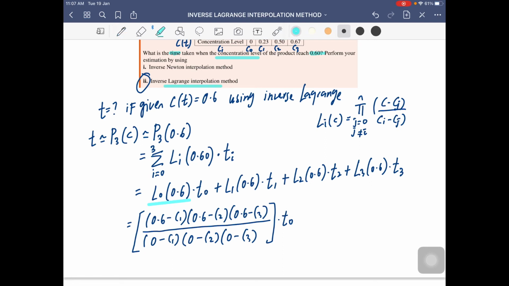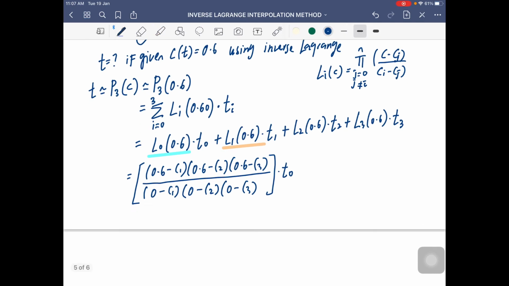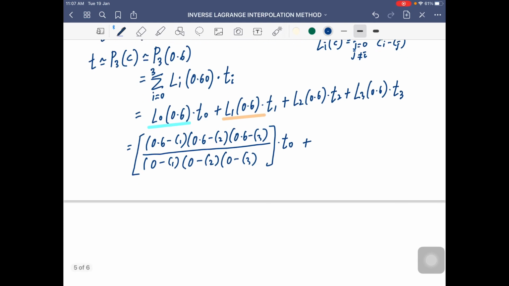Alright, and then for the second one, L1, so I put plus here. Okay, so I write down below here 0.6 minus C naught times 0.6 minus C2 times 0.6 minus C3, and then I divide with C1.